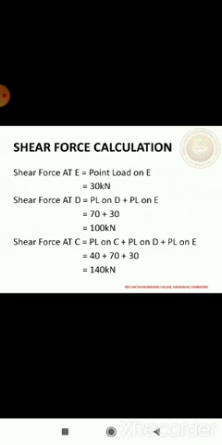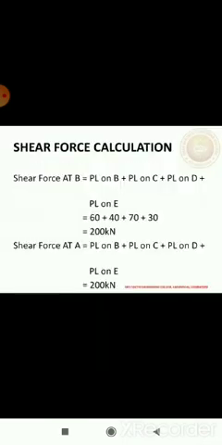Likewise, we calculate the shear force for the remaining points. For shear force at C, we add the point loads on C, D and E, that is 40 kilonewton plus 70 kilonewton plus 30 kilonewton, and the answer is 140 kilonewton.